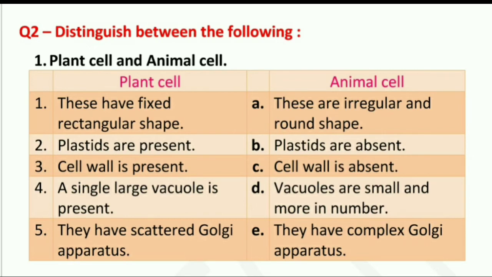Fourth point, a single large vacuole is present in plant cell, and in animal cells, vacuoles are small and more in number. Fifth point, in plant cell, they have scattered Golgi apparatus, whereas in animal cells, they have complex Golgi apparatus. So this was the difference between plant cell and animal cell.